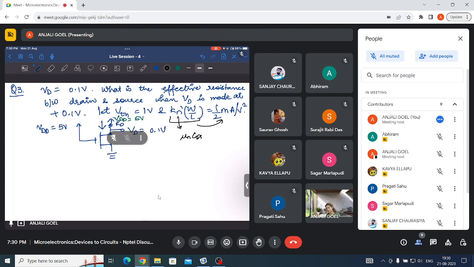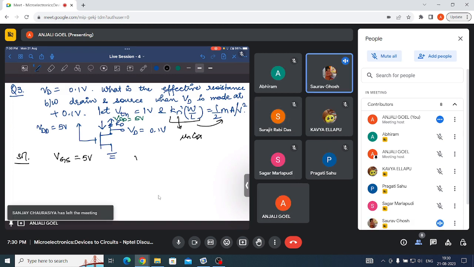Okay, so what is the gate voltage VGS? 5 volts, ma'am. Okay, so the overdrive voltage will be 4 volt, VGS minus VT.